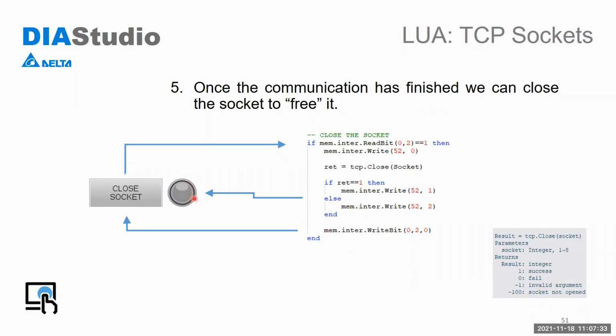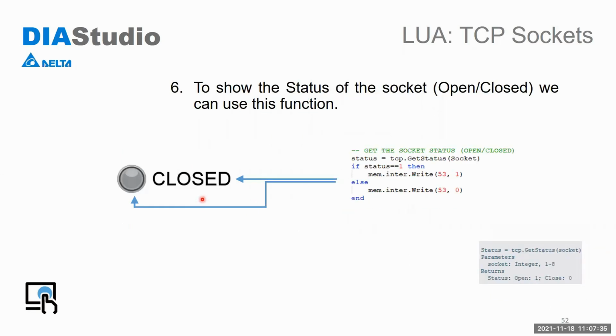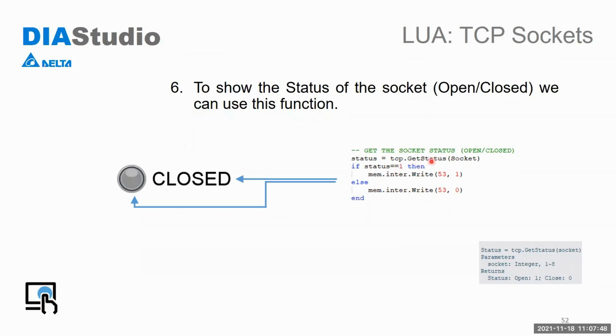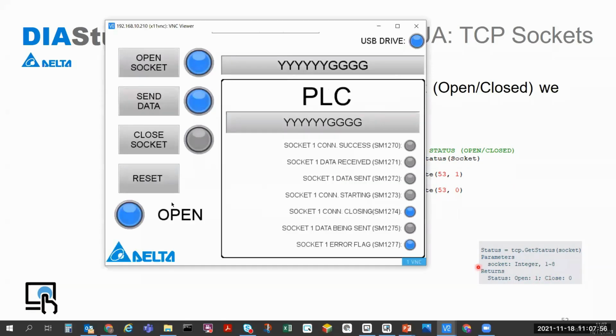And the last, sorry, I have also the TCP get status socket, which I can use in order to show status here in this one, depending on the return of this TCP status. If the socket is open or closed or active or inactive, I can paint this LED in blue or in red or in gray, in fact.